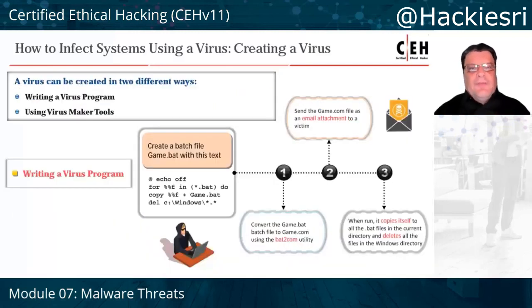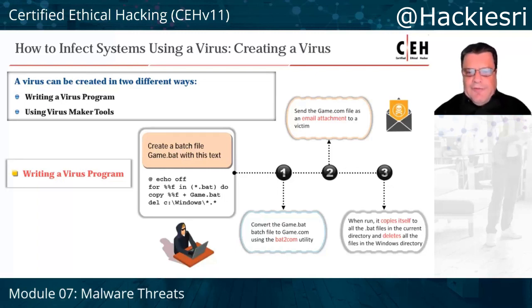How to infect systems using a virus. Creating the virus. A virus can be created in two different ways: writing a virus program or using virus maker tools. As we see on the flowchart beneath, we have a virus writing program. You create a batch file, game.bat, with the text as shown.